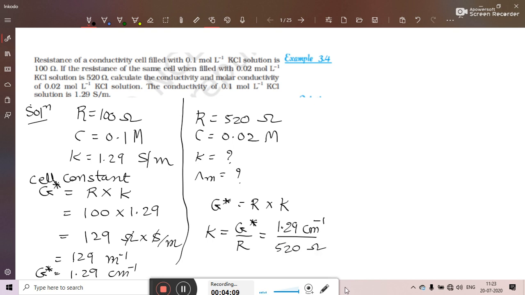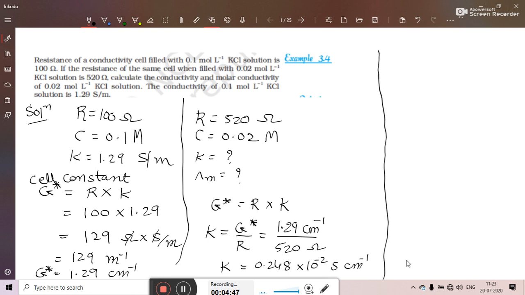Now 1.29 divided by 520 is equal to 0.248 into 10 raised to minus 2. Now ohm is in the denominator, so when it is taken to the numerator it becomes ohm inverse, and ohm inverse can be written as Siemens, and then we have centimeter inverse in the numerator. Unit of K is Siemens per centimeter. So we have got the answer of K, that is 0.248 into 10 raised to minus 2 Siemens per centimeter.